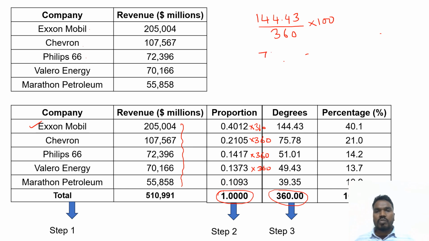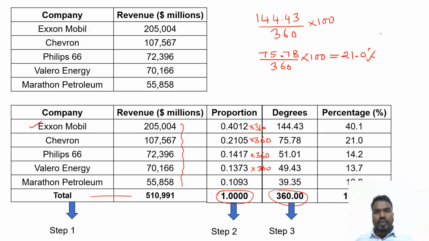So Chevron is how much degree? 75.78. Out of 360 degree, into 100, because I want to write it down in the percentage form, so therefore I would be getting 21.0 percentage. Clear?